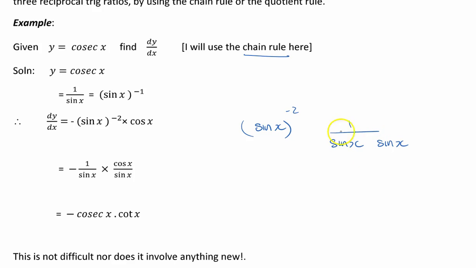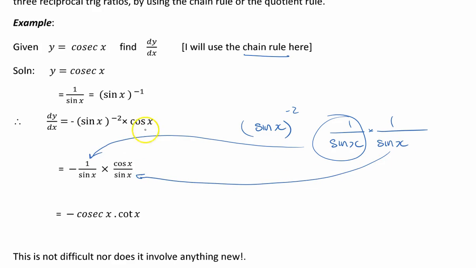So actually, if we think of it as sine x to the minus 2 as 1 on sine x, actually I'll write that as times 1 on sine of x. Then you can see one of them is sitting there. This other sine x is sitting there, and I've coupled it up with the cos x. Why? Because we've got a name for it, and we just keep the negative going. Don't lose that negative. 1 on sine x is called cosec x, and cos on sine is called cot.